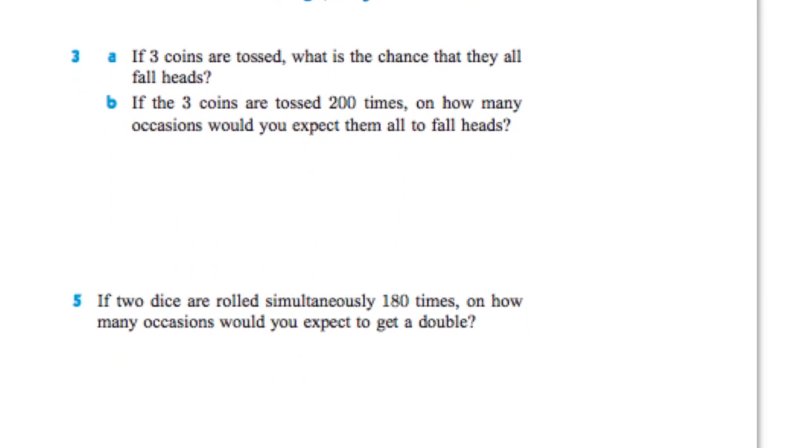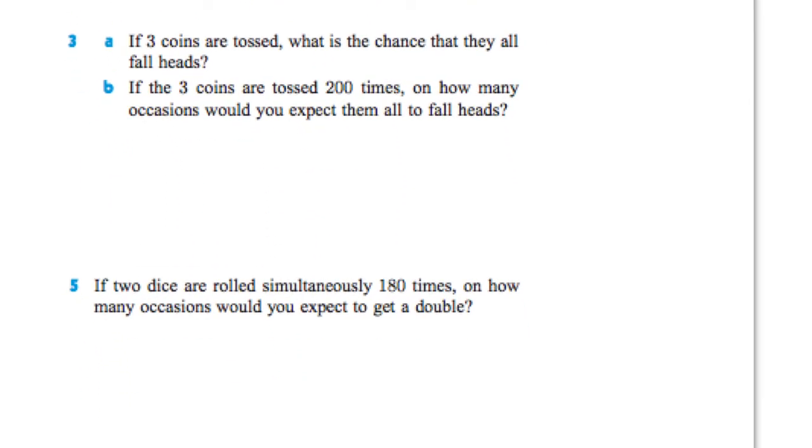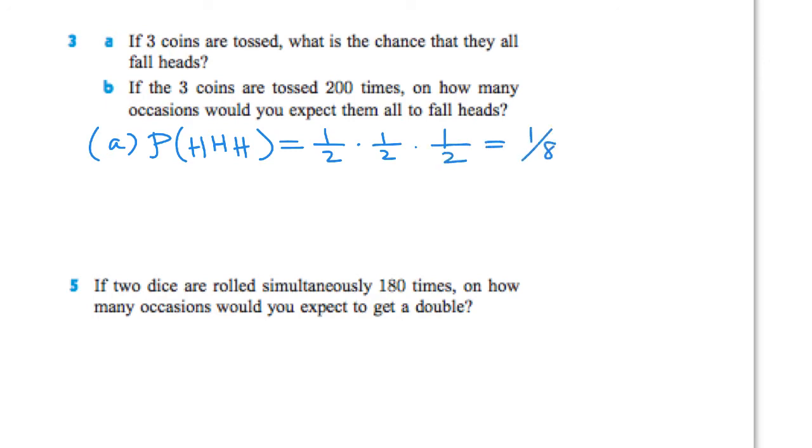Next sample problem. If 3 coins are tossed, what is the chance that they all fall heads? First a probability question. What's the probability that they're all heads? Previous knowledge uses the multiplication rule for independent events: P(heads) times P(heads) times P(heads), and we get 1 out of 8.